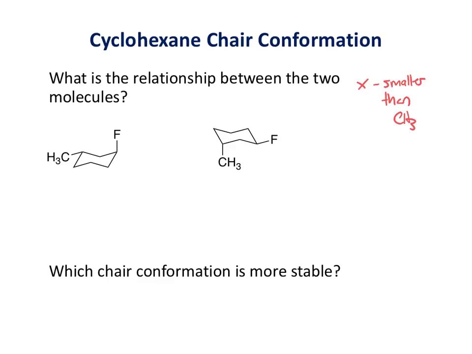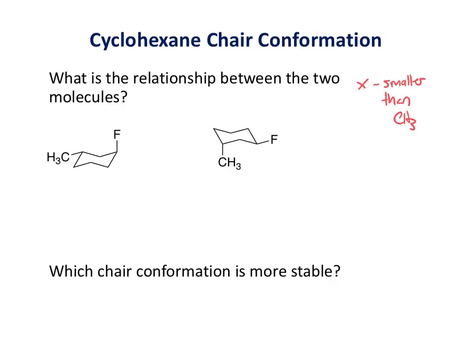Okay, so here we have two chair conformations. And then in terms of stereochemistry, what if you're asked what's the relationship between these two? Just looking at those two, it's really hard to tell. Are they identical, enantiomers or diastereomers?